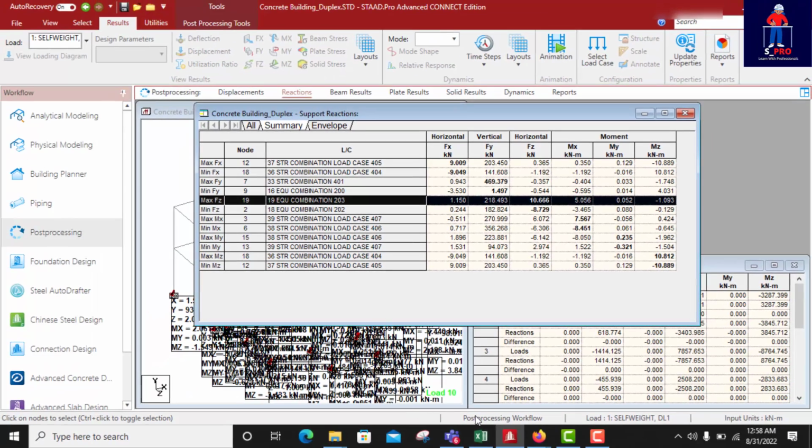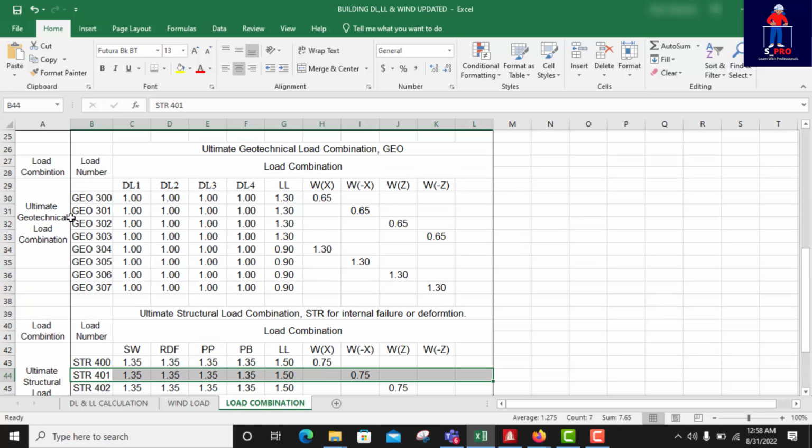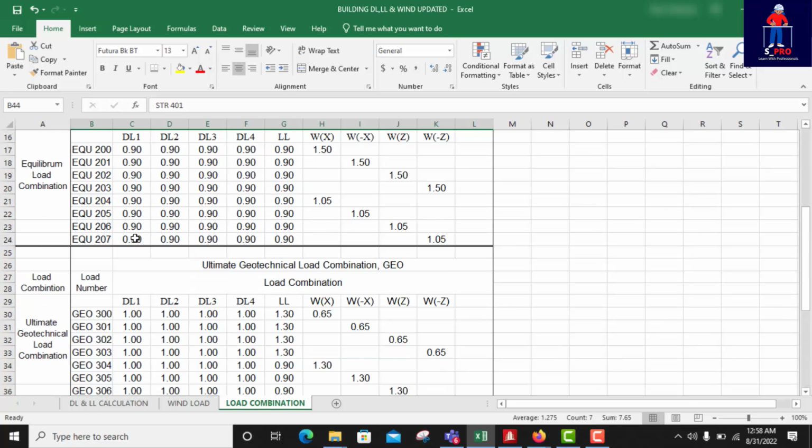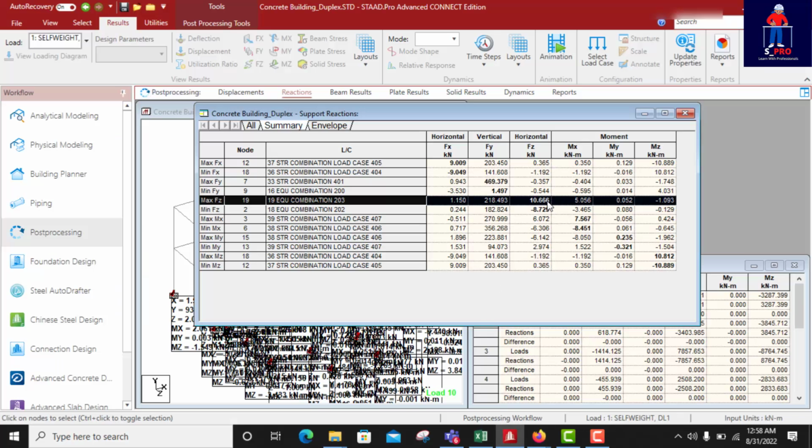Equilibrium combination 203. See, this one gives us the maximum lateral force. With that lateral force, we can check our foundation sliding and overturning. Yes, 10.66.